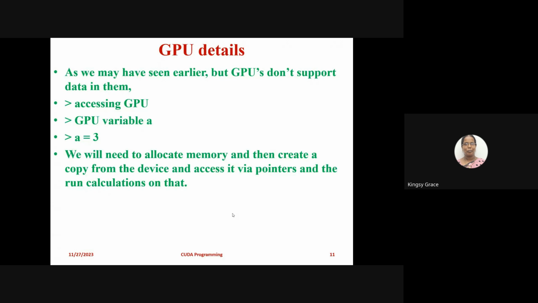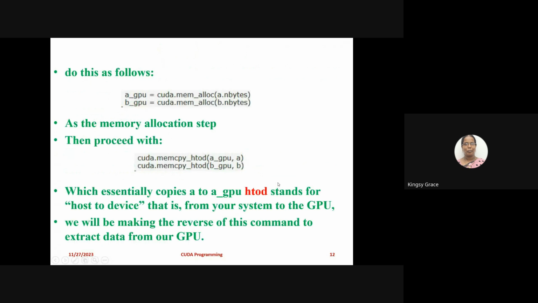All those things you have to do here itself. So if there are two variables, A and B, both A and B have to be allocated in this format.